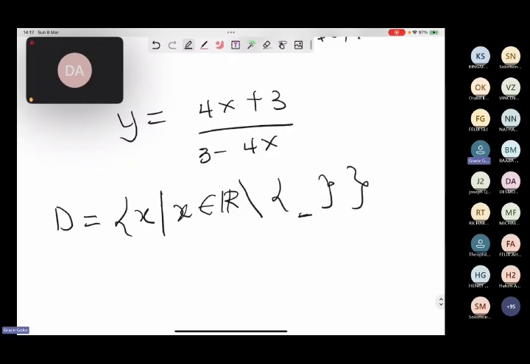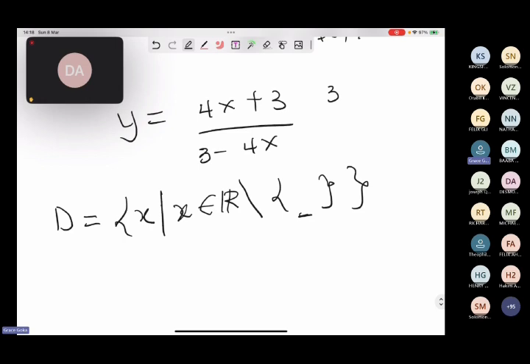If it is easier for you to identify the x that will make the denominator become 0, you come and put the number there, or the set of numbers here. But since we don't know the set of numbers that makes the denominator become 0, it means that we don't want the denominator to be 0.